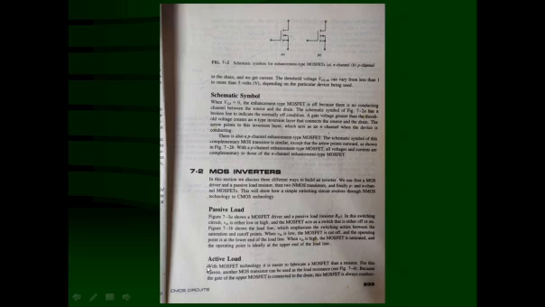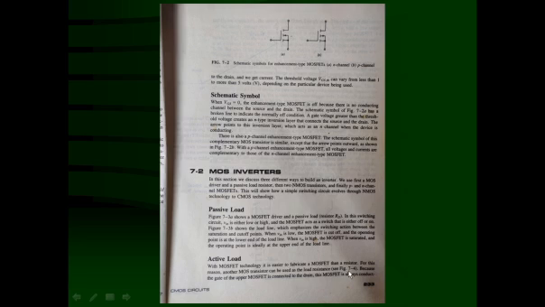Active load, the second type of inverter now. With MOSFET technology, it is easier to fabricate a MOSFET than a resistor. For these reasons, another MOS transistor can be used as load resistance.